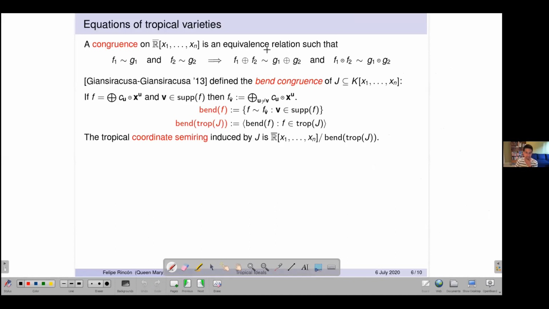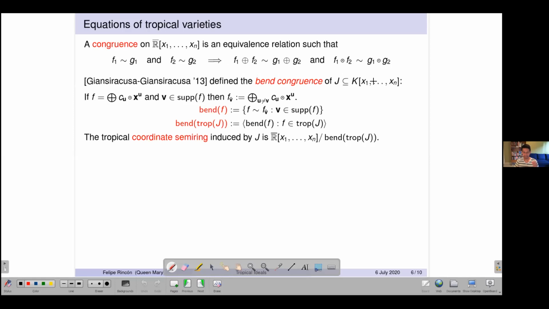So it's an equivalence relation that satisfies this property: if f1 is the same as g1 and f2 is the same as g2, these being tropical polynomials, then the sum of f1 and f2 should be the sum of g1 and g2, and the product of f1 and f2 should be the same as the product of g1 and g2. Okay?